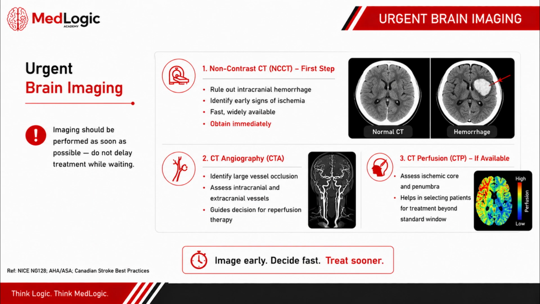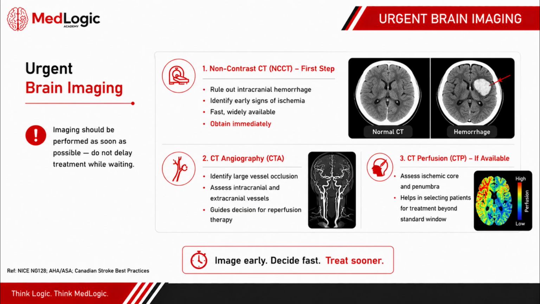Now, move to investigations. The first key investigation is urgent brain imaging. A non-contrast CT brain is commonly used first because it helps rule out intracranial hemorrhage. This is important because ischemic stroke and hemorrhagic stroke can look similar clinically, but their treatment is very different.